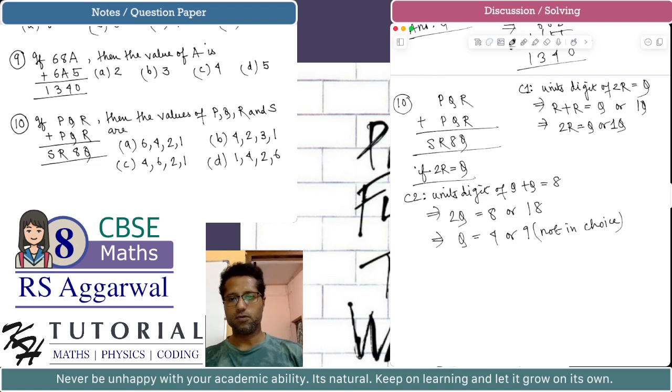So if we consider twice r equals to q, then we are getting q is equal to 4. And if q is equal to 4, then r will be equal to 2, because twice r is equal to q.